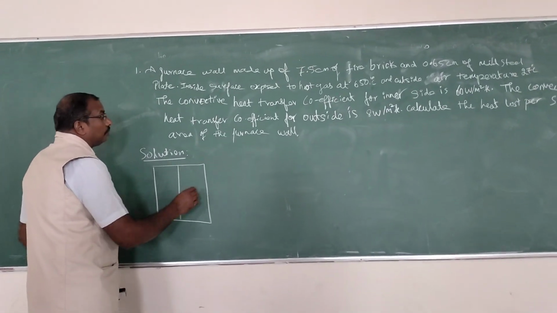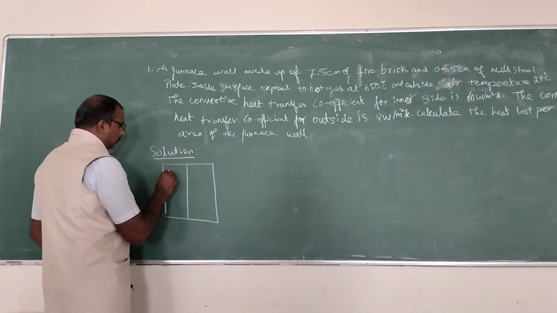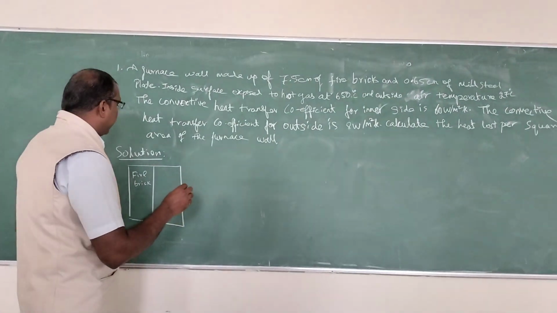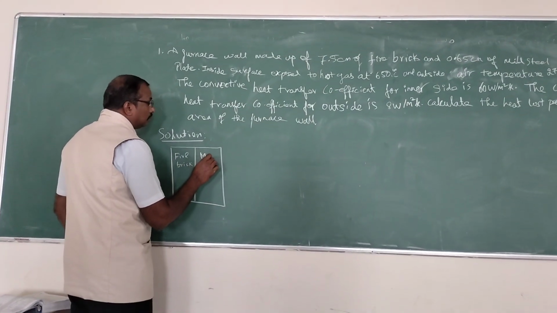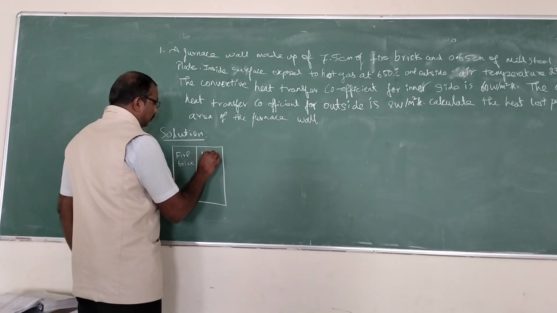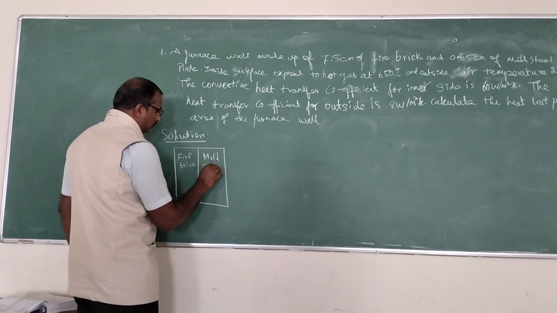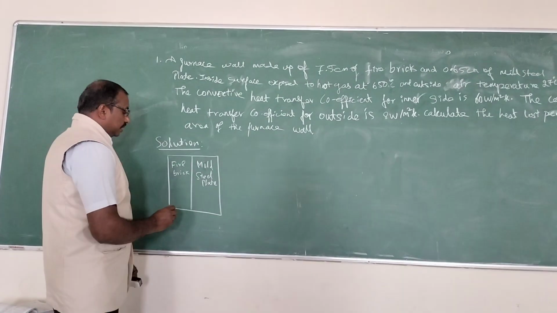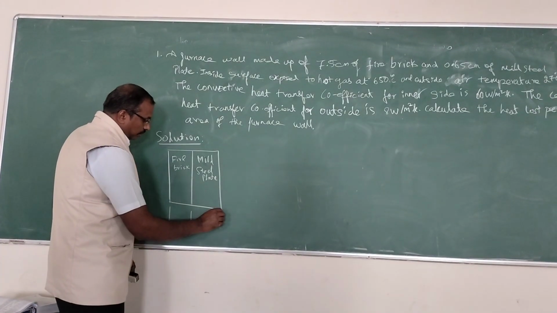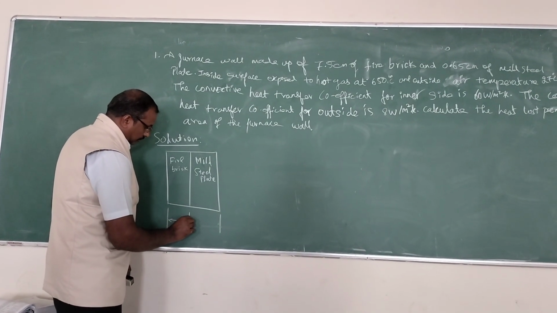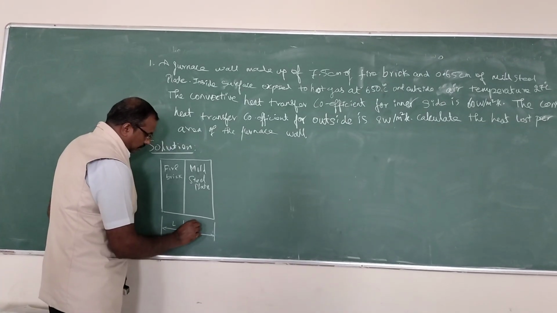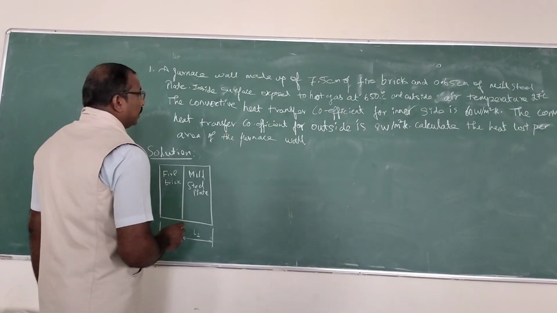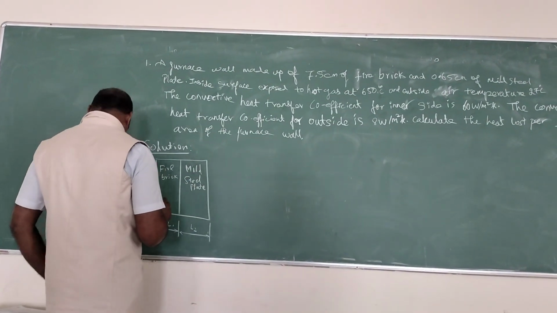One is the fire brick, another one is the mild steel plate. The thickness of the first plate is L1, and of the other plate L2. The temperatures are marked at the surfaces of the plates.